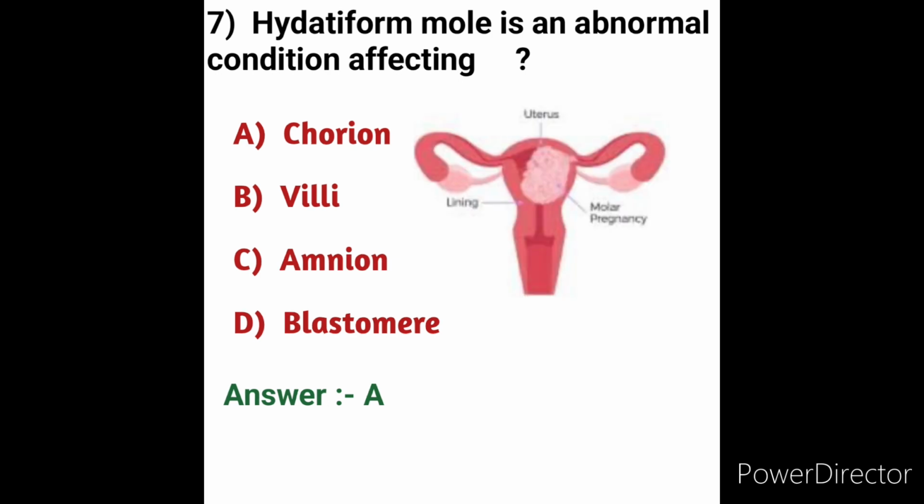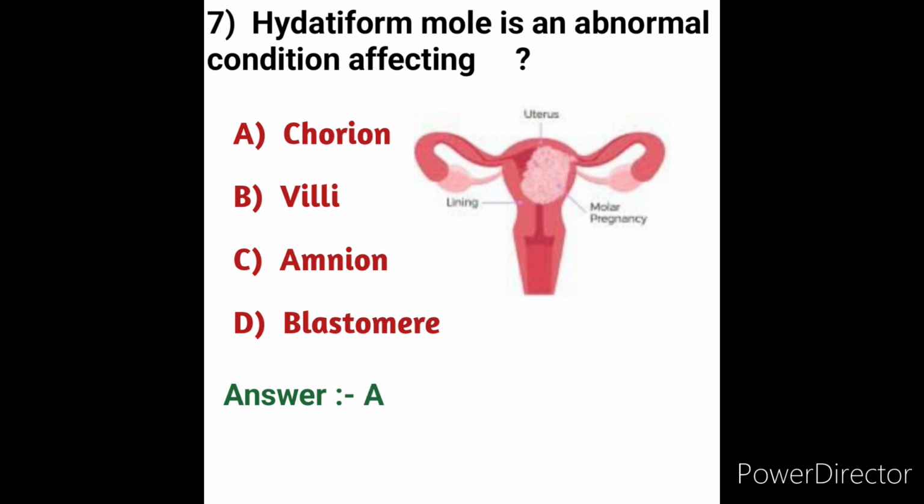It is a rare complication of pregnancy characterized by the abnormal growth of trophoblasts, the cells that normally develop into the placenta. It can be a complete molar pregnancy or a partial molar pregnancy.